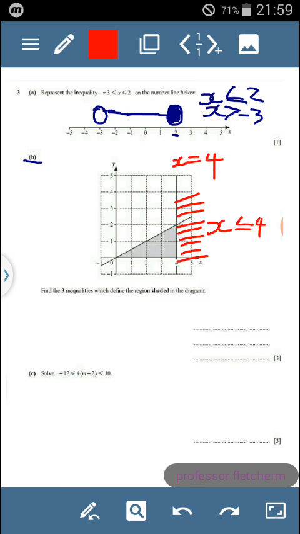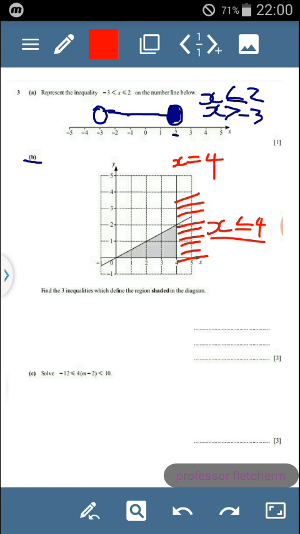If it was a broken line, we would just say x is smaller than 4. But x is smaller and also equal to 4. It will give us this region on this side, which is the wanted region, which also has this shaded part. So x is smaller or equal to 4. That would be inequality number 1.